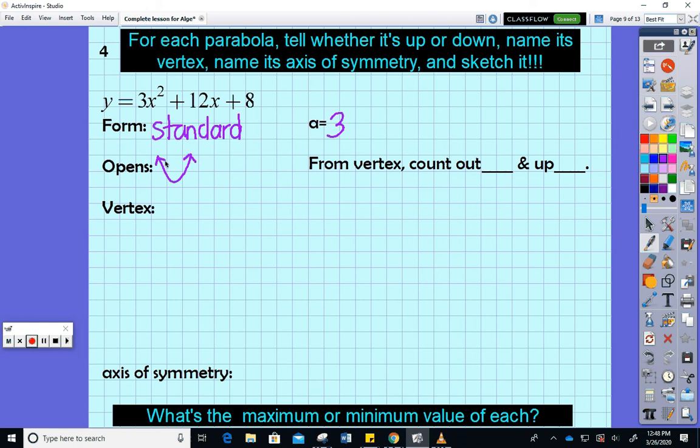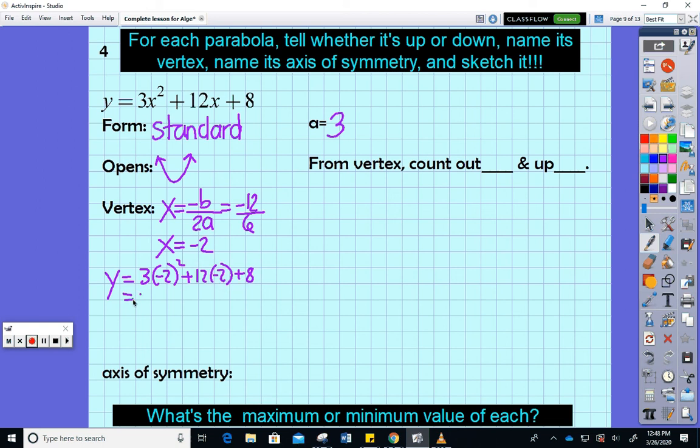So remember, if you look at your notes, it says you've got to start with x equals -b over 2a. So I'm going to start there and say, oh yeah, -b is -12, and 2a is 6. So that's giving me x equals -2. If I have the x and I need the y, I plug in. So 3 times (-2) squared plus 12 times -2 plus 8.